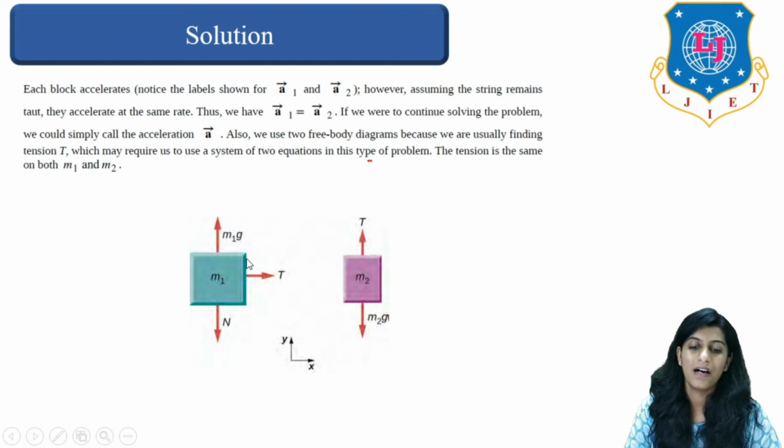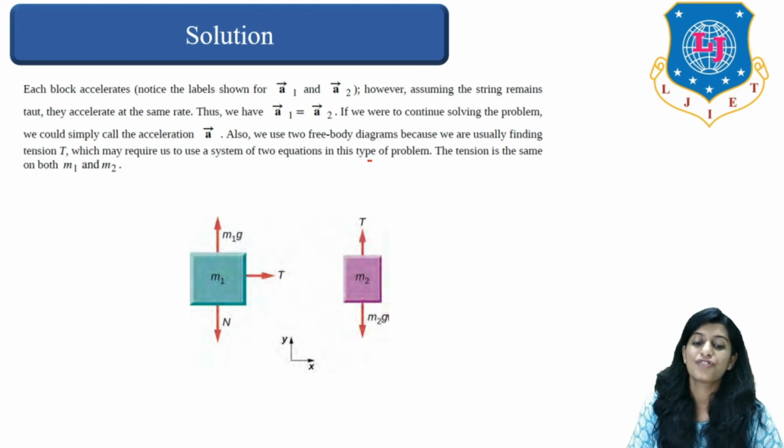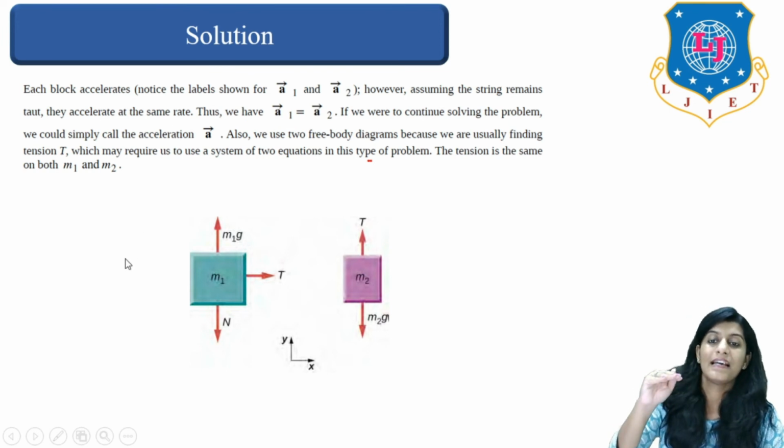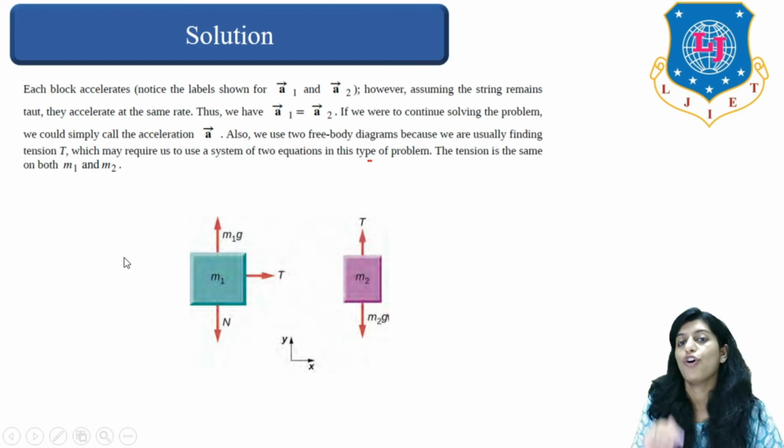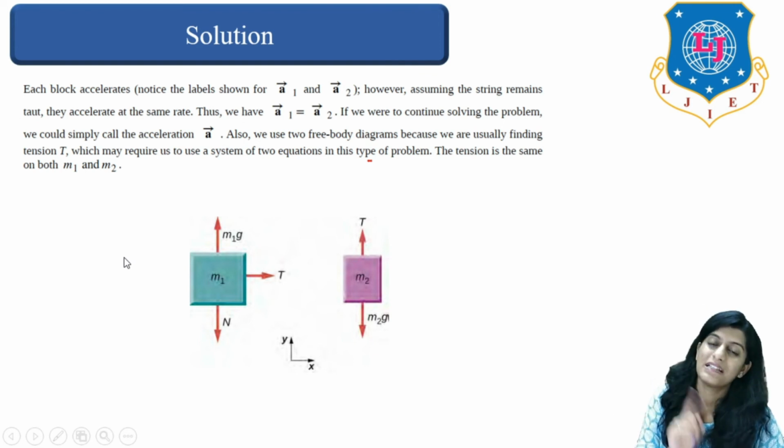So we can show them here. However, assuming the string remains taut, that means it is not getting broken, they accelerate at the same rate. So if a1 is the acceleration of body 1, then a1 is the acceleration of body 2 as well.